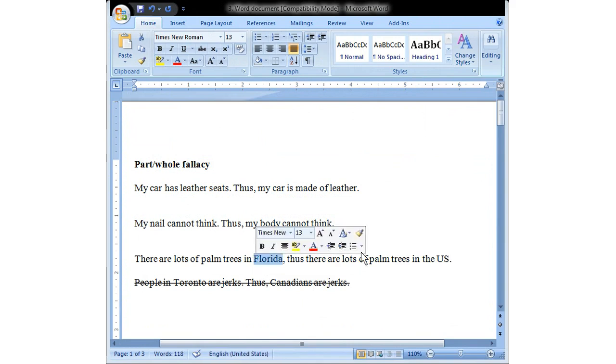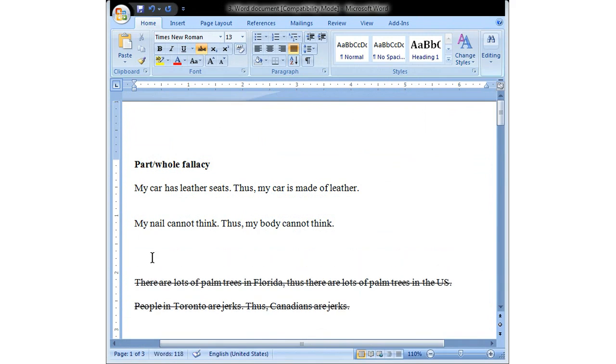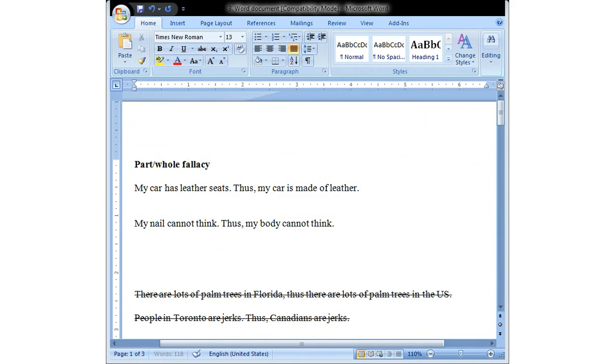It's really just a part of a whole, right? Florida and the U.S. Well, this could also be... Hold on here. There are lots of palm trees in Florida. This would also be... I'm going to cross it out. This still would be a hasty generalization. This is where this is going to get tricky, right? This is where you're going to have that 1,000-level university skill. So this would still not apply. It really has to figure with a whole, right?